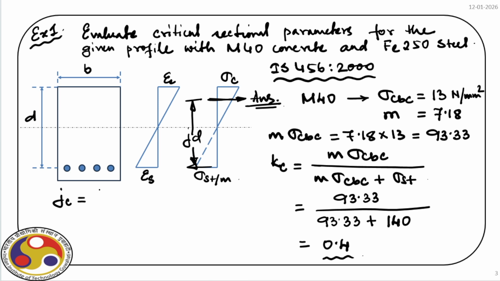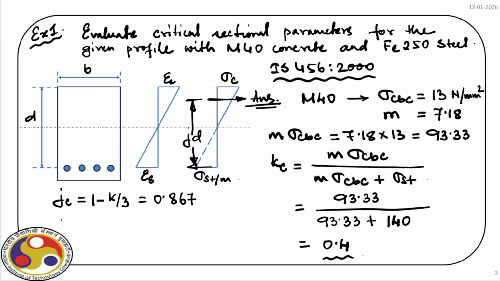So J is 1 minus K by 3. We derived that very easily because this force will go through the CG, which is Kd, the depth of the neutral axis, Kd by 3 is the location of this force. So 1 minus K by 3, K is 0.4, so 0.4 by 3, and if we find out, it is 0.867.